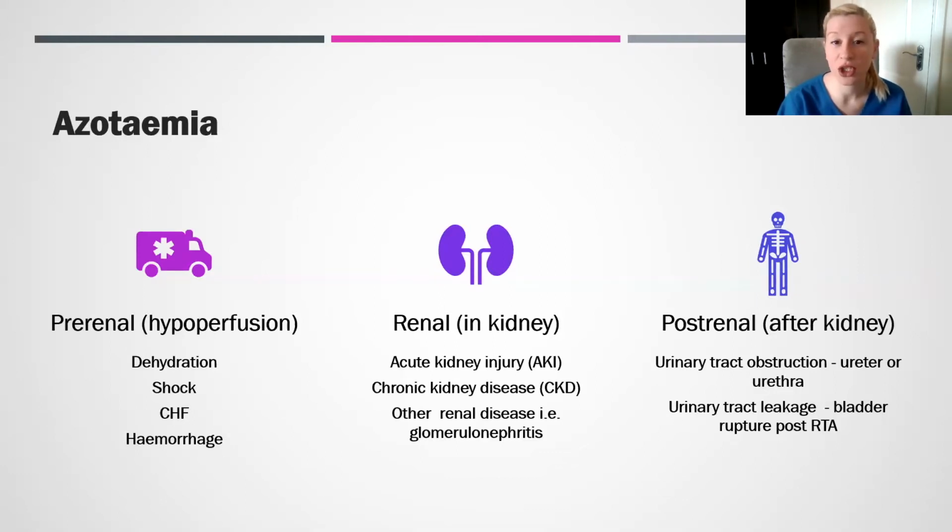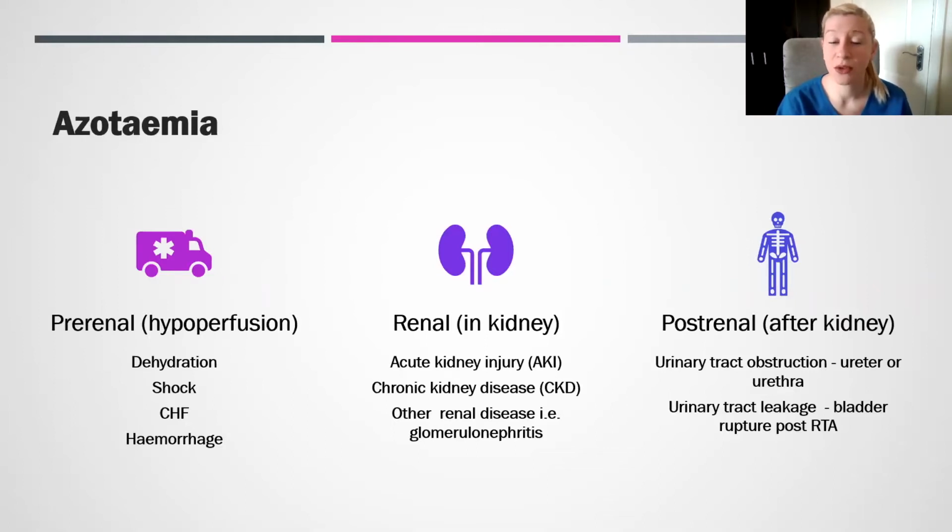Once you place the patient on fluids and you just correct that perfusion issue, then the azotemia should come down, and it doesn't have any long-standing effects on the kidneys. This can also be things like congestive heart failure, which affects your perfusion. If your heart isn't pumping correctly, it's not sending the blood to the kidneys as it should, and therefore the waste products are starting to build up.